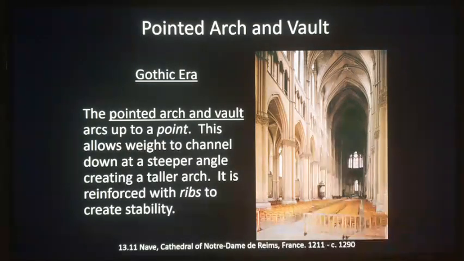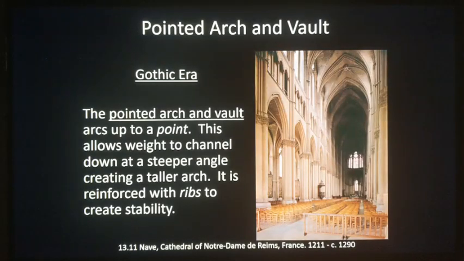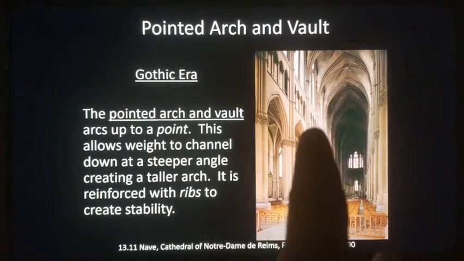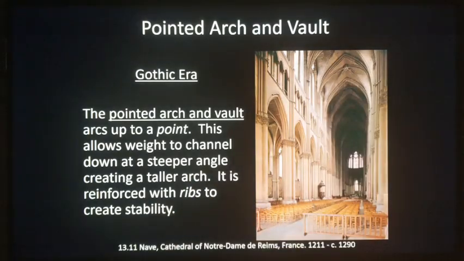So in the Gothic era, that is in the centuries of the Middle Ages, we see a change from the rounded arch to the pointed arch. And this occurs up in the top of the vaulting here. So a pointed vault, instead of having a smooth curvature around, will come up to a point at the top.